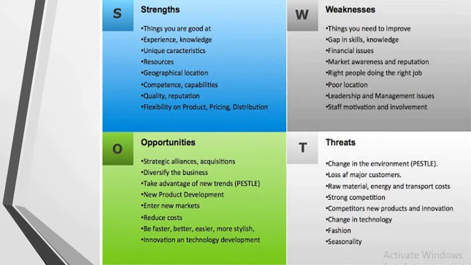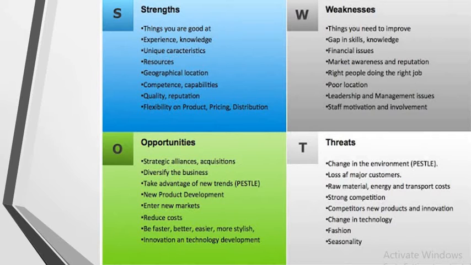Examples of weaknesses could be the things you need to improve in your organization: the gap in skills and knowledge, lack of training, financial issues, market awareness and reputation, right people doing the right job, management conflict, employee conflict, staff motivation and involvement issues, poor location of the organization, problems in the distribution channels, and leadership and management issues.